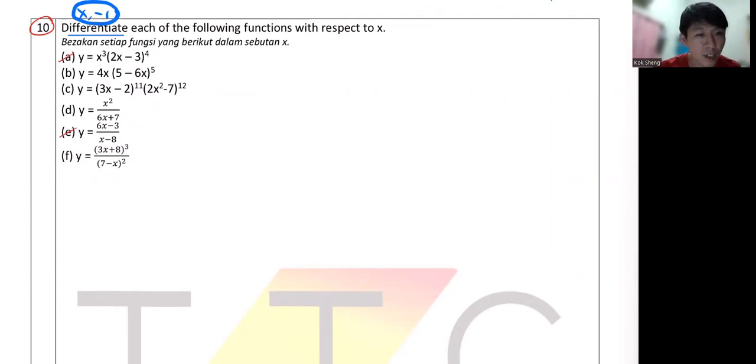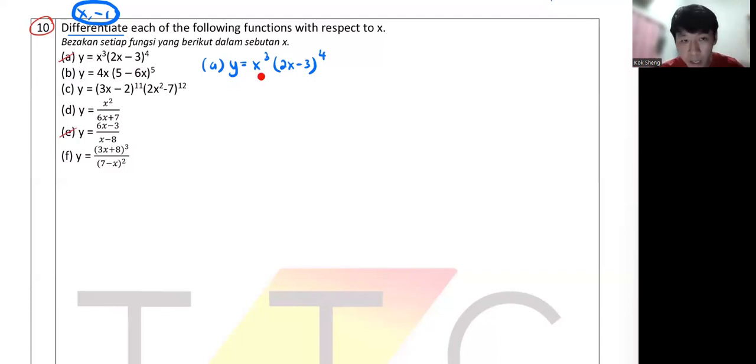Now for question A, y equals x to the power 3, times 2x minus 3 to the power of 4. Of course later the symbol is the same, dy over dx. And then the power of x times and then -1.